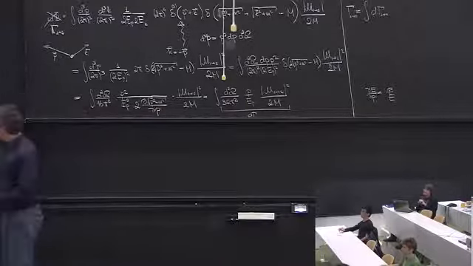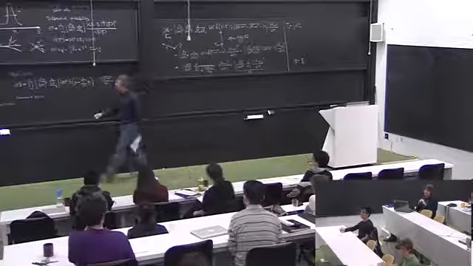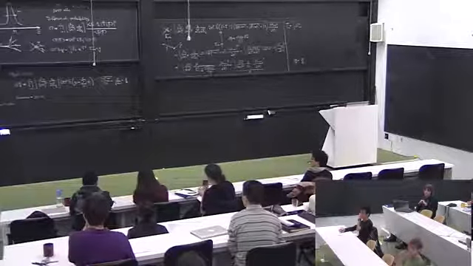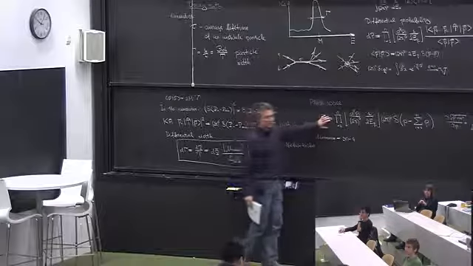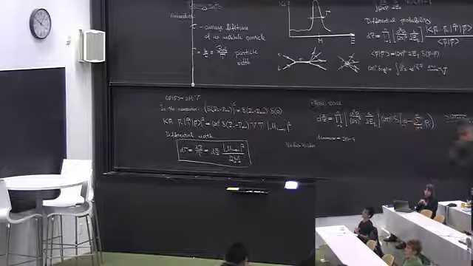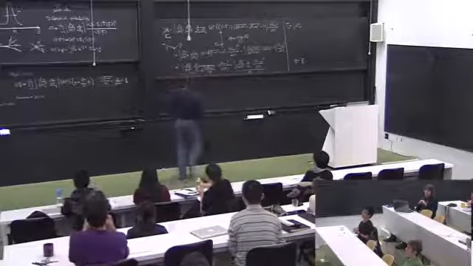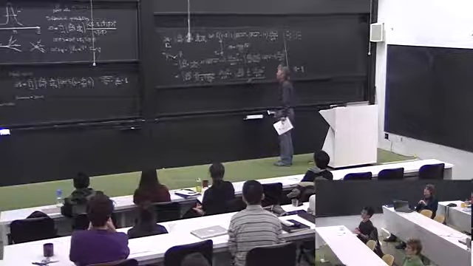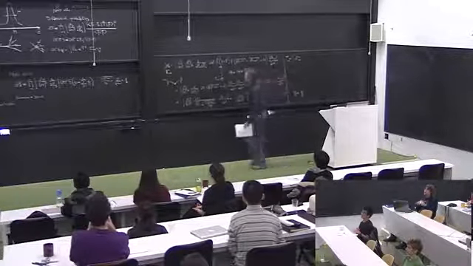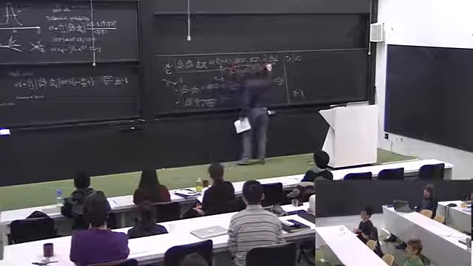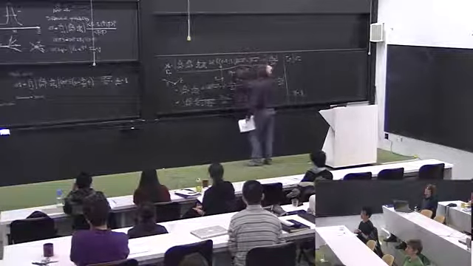Well, what should I say? So in this formula, let's decide on convention. In this formula, d phi means this. So then the formula for d gamma would be this thing with the matrix element.